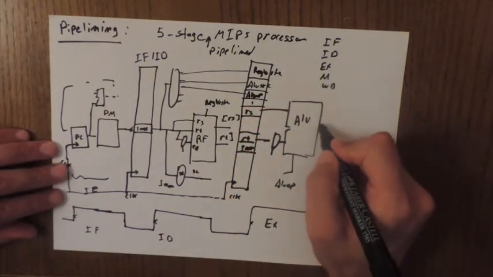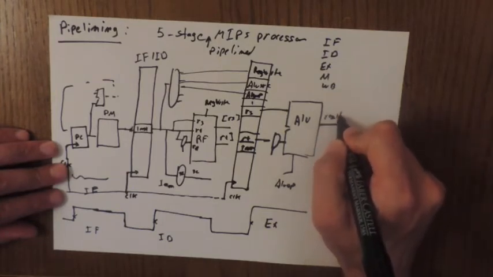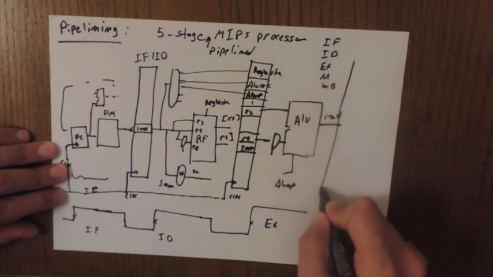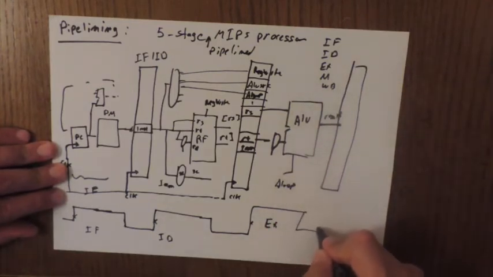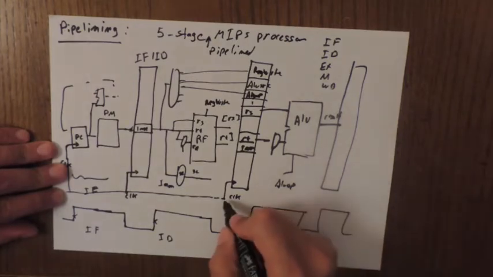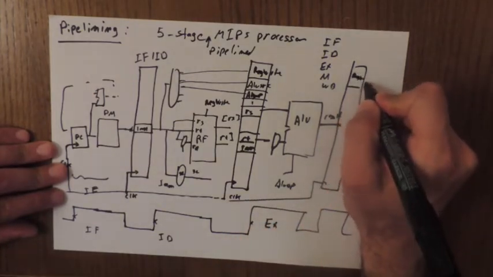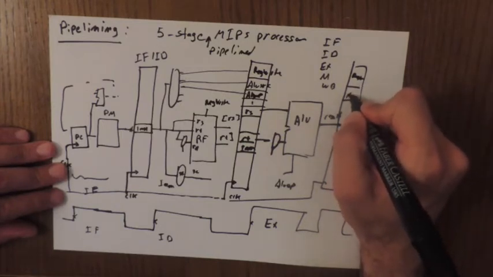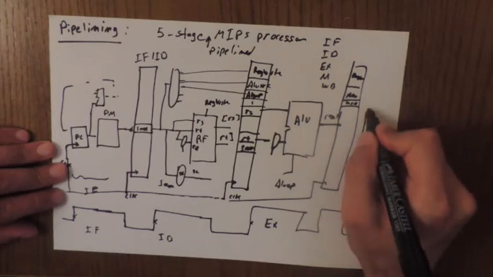So later we have the result. Of course, now we have another pipeline register. Of course, we have with the register write, memory read, memory write, and here we have the data memory.